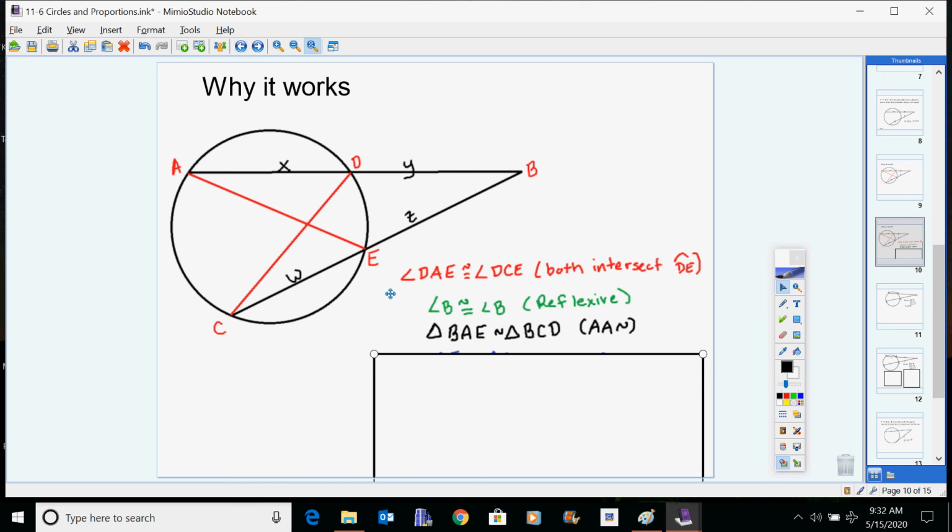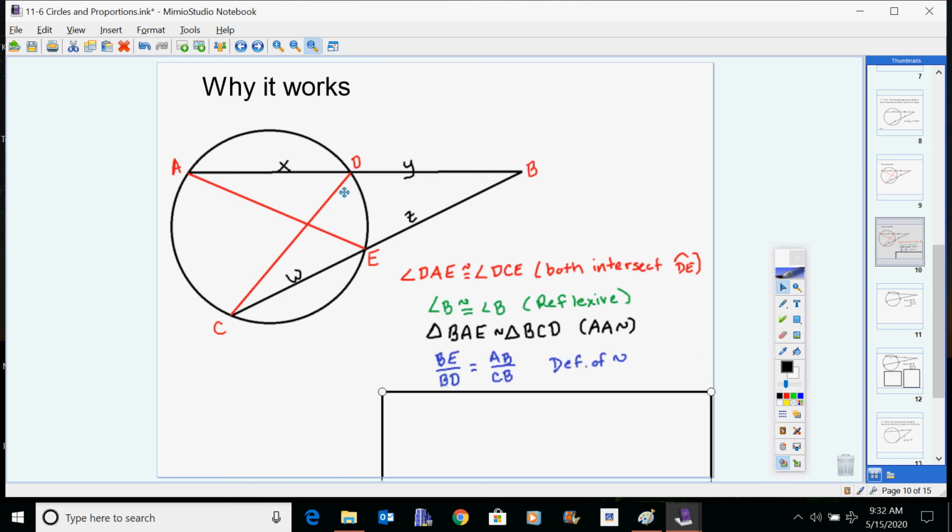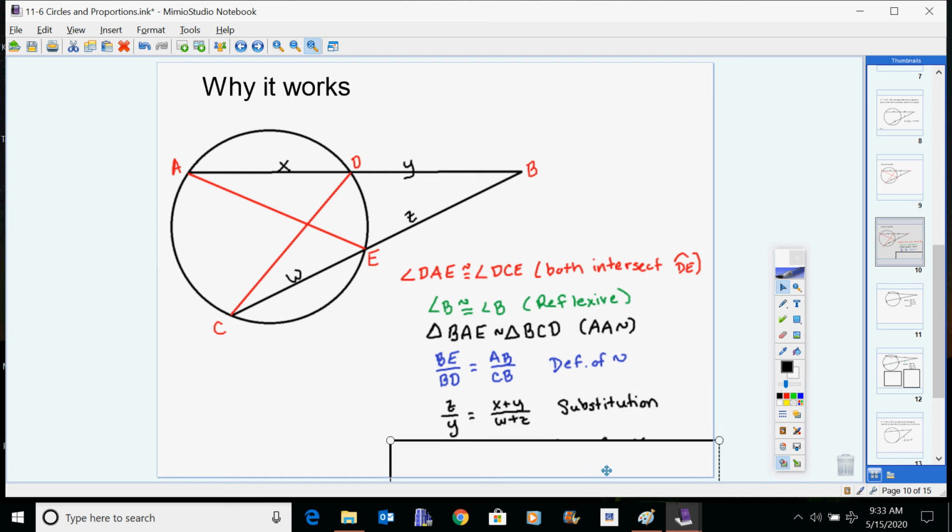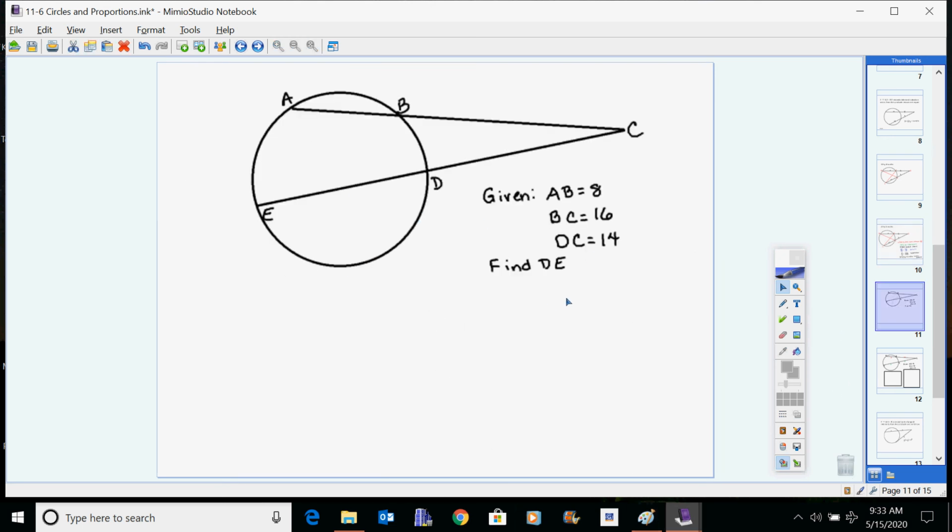So since we know that they are similar, what that tells us is that BE goes with BD, like AB goes with CB, because they're similar, and then you can cross product them. Okay, and when we do the cross products, we find out that they're equal, so that's important. Okay, so our cross products being equal.